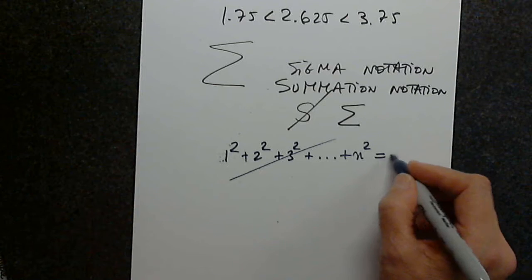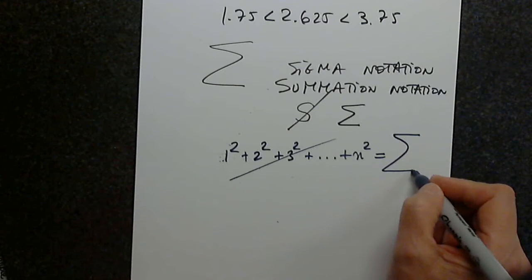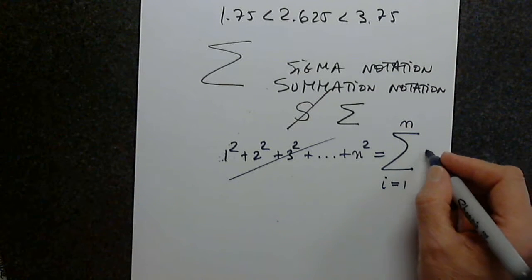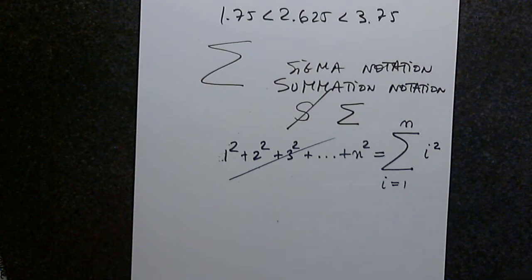I want to write it like this. I'll explain every piece of it. First of all, this indicates the fact that we are adding terms. The first term plus the second term plus the third term plus the last term.